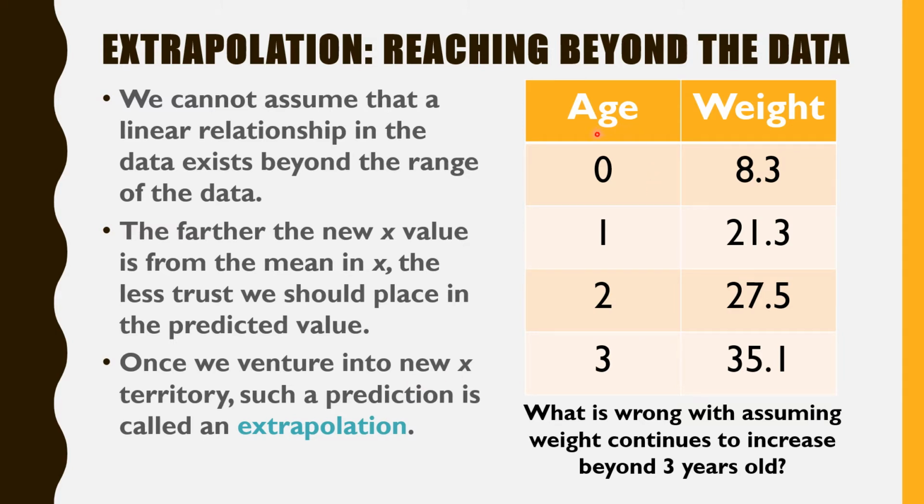For example, if we use this same pattern to try to predict what is the weight of a 3-year-old, that's totally fine because we have collected data from 0 to 3 years old. Now, if it comes to predicting the weight of a 4-year-old versus a 60-year-old, 60 is much further away from 3 years old than 4 is, so that's going to be much less reliable than, say, a 4-year-old.